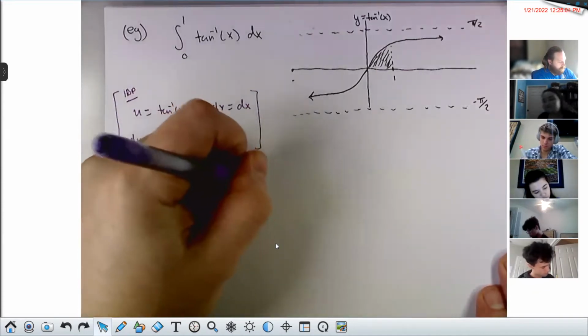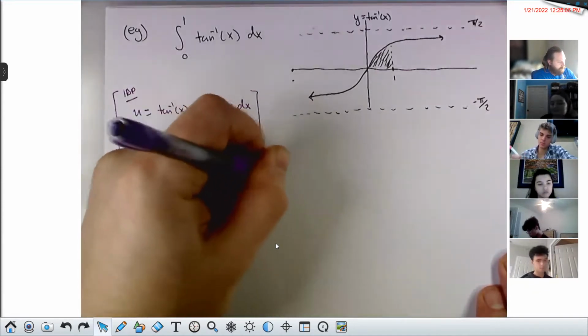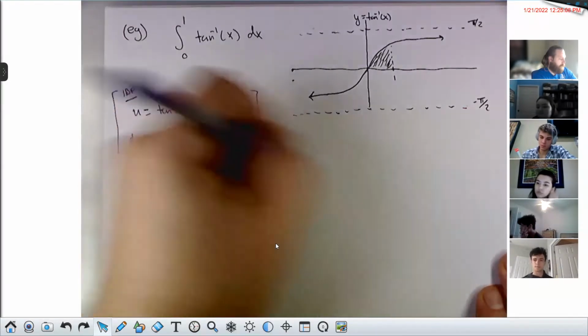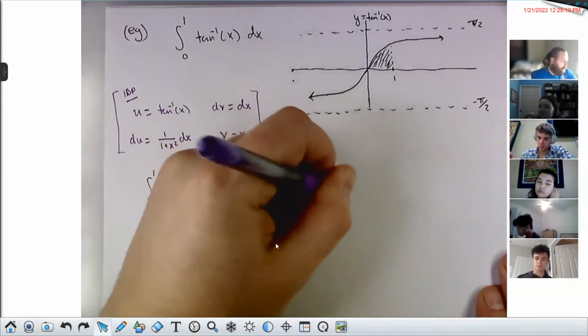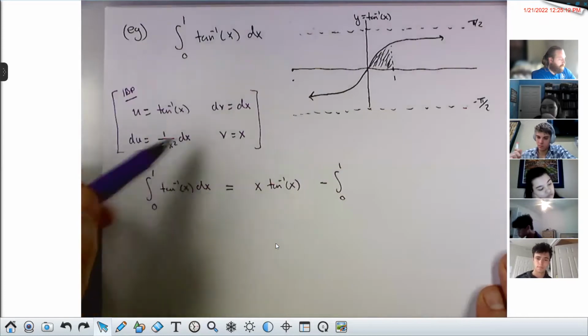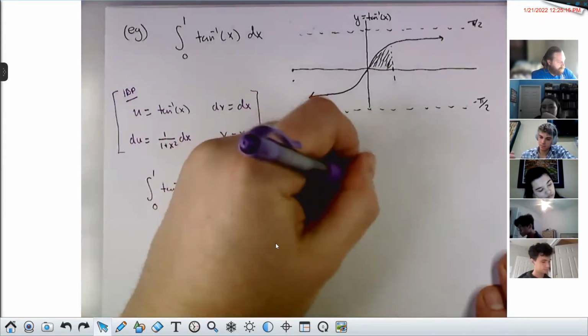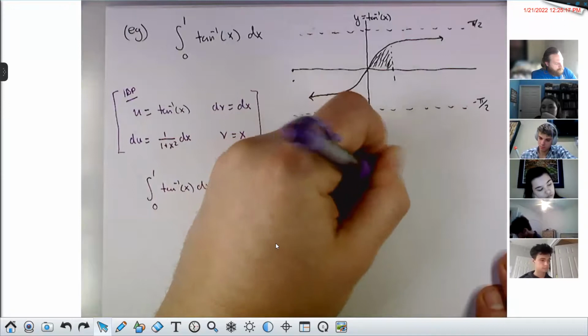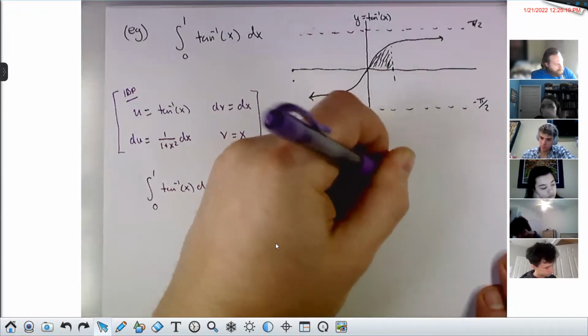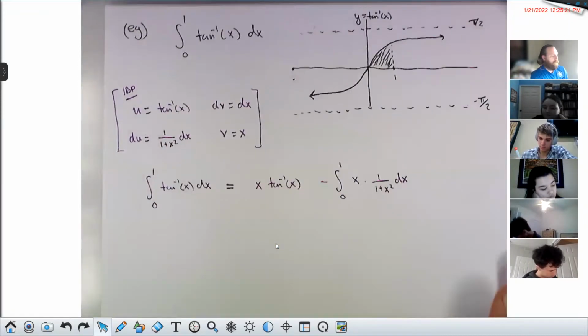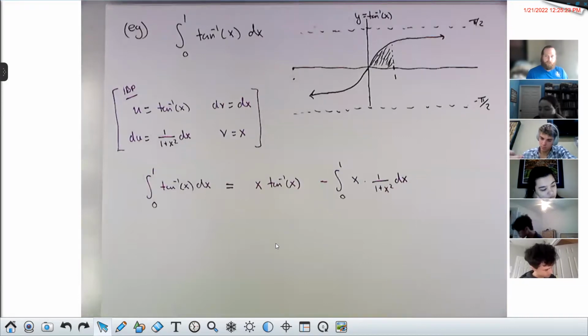So this is x times the inverse tangent of x minus the integral from 0 to 1 of v times du, which is x times 1 over 1 plus x squared dx. I'm going to stop here and say, I've intentionally made a mistake that I want one of you to catch. What is the mistake here?